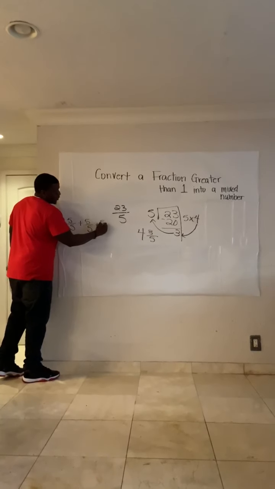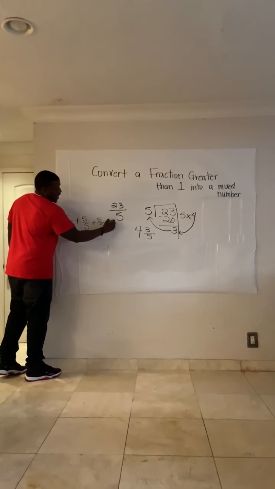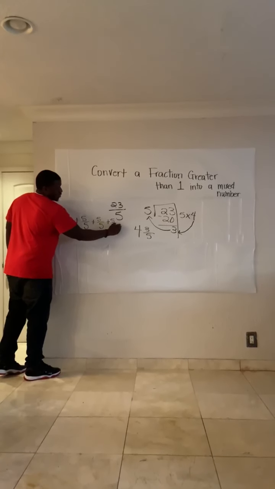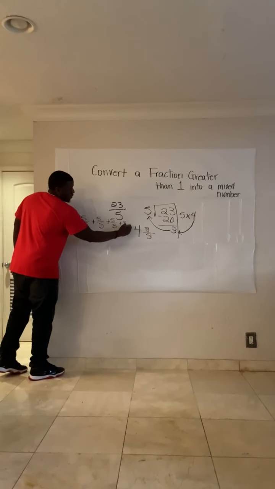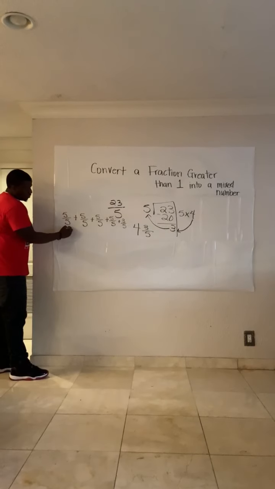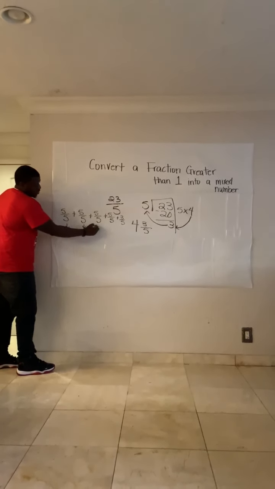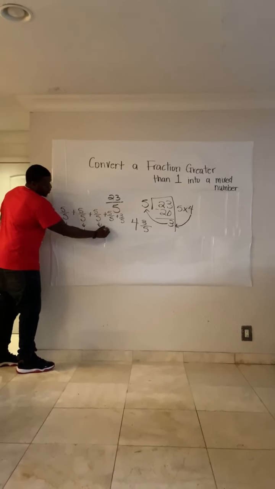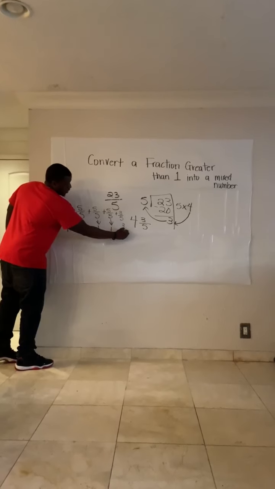I add 5 more fifths, which is 15 fifths. I add 5 more fifths, which is 20 fifths, and then I add 3 fifths, which would give me 23 fifths. And this would be equivalent to 1 whole, 1 whole, 1 whole, 1 whole, and 3 fifths.